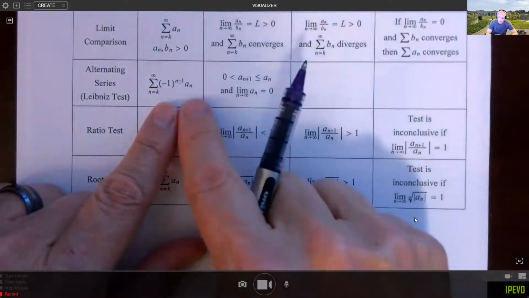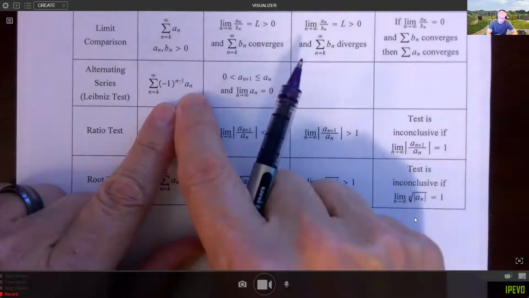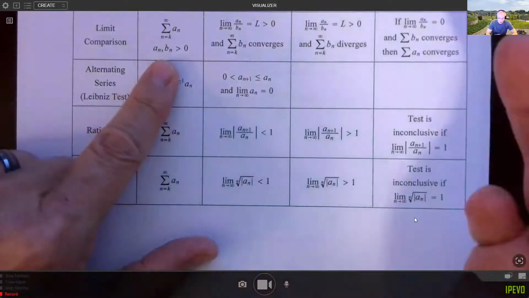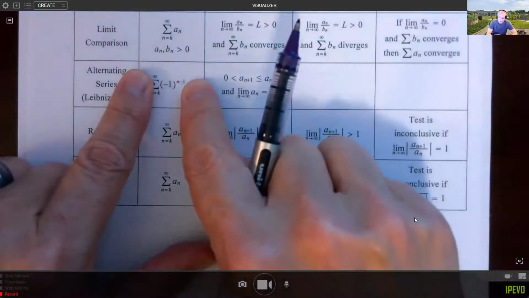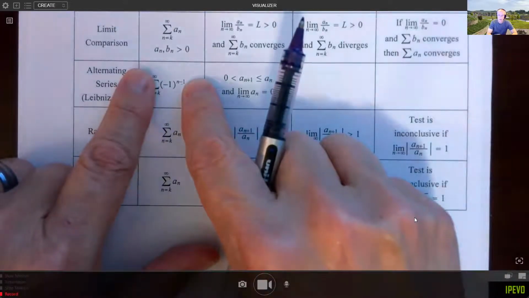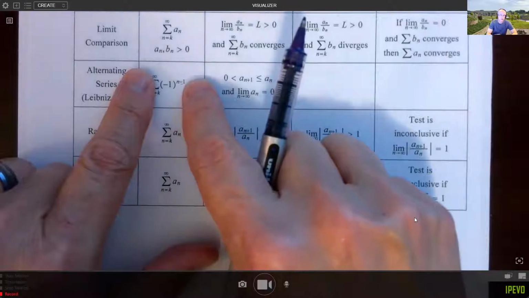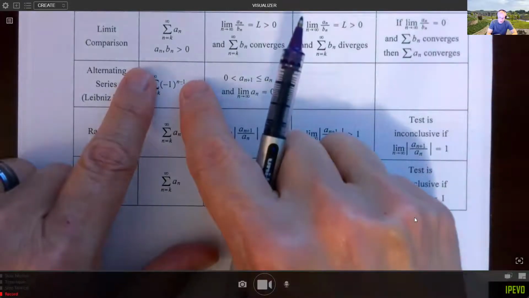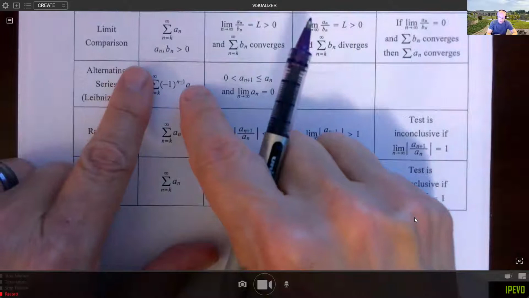Here, the a sub n terms we're assuming are positive terms, and then the -1 will be a sign changer. So it can be either (-1)^n, (-1)^(n-1), or something like that. There are other ways to have the sign change in the series, but that's the point.